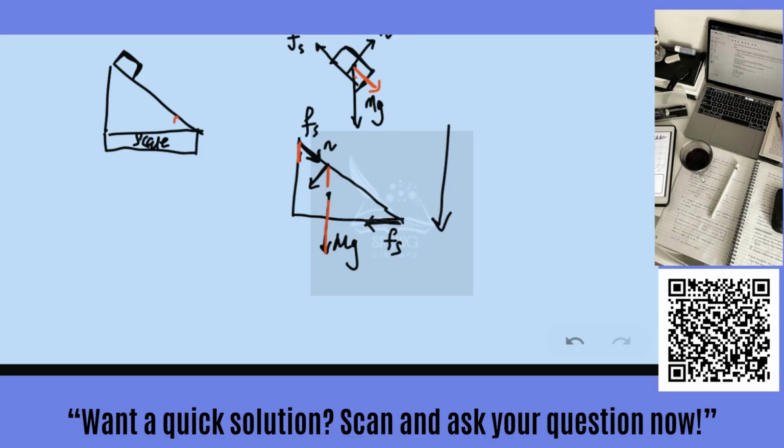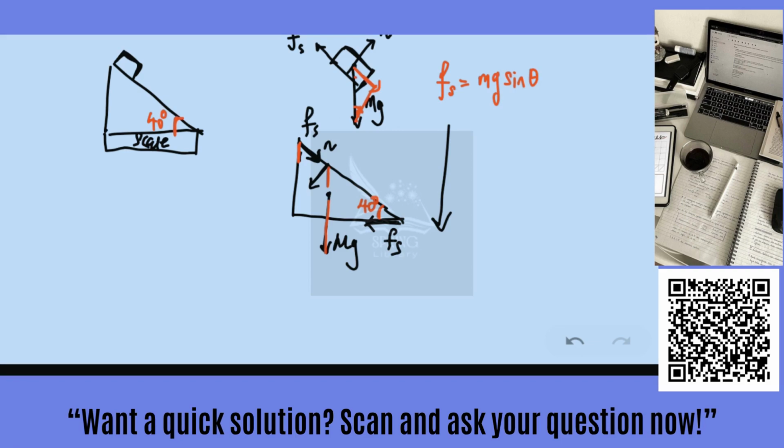The angle we are given is 40 degrees, and so the angle over here will be 40 degrees, which I've shaded. And so Fs would be equal to mg sine theta. Over here is 40 degrees as well.